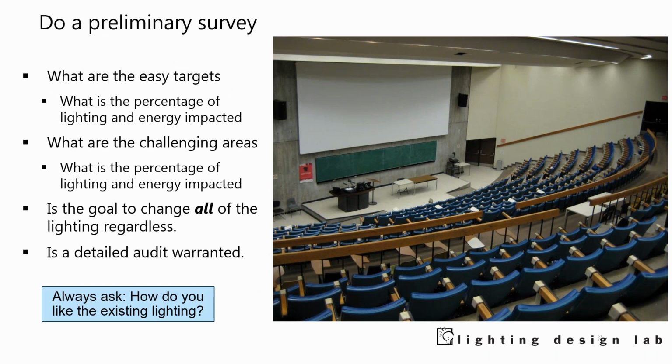So doing a building survey, you're going to need to find out what's there and what the situation is. What is the percentage of lighting and energy being impacted? Sometimes you have a customer where they just want to retrofit everything.